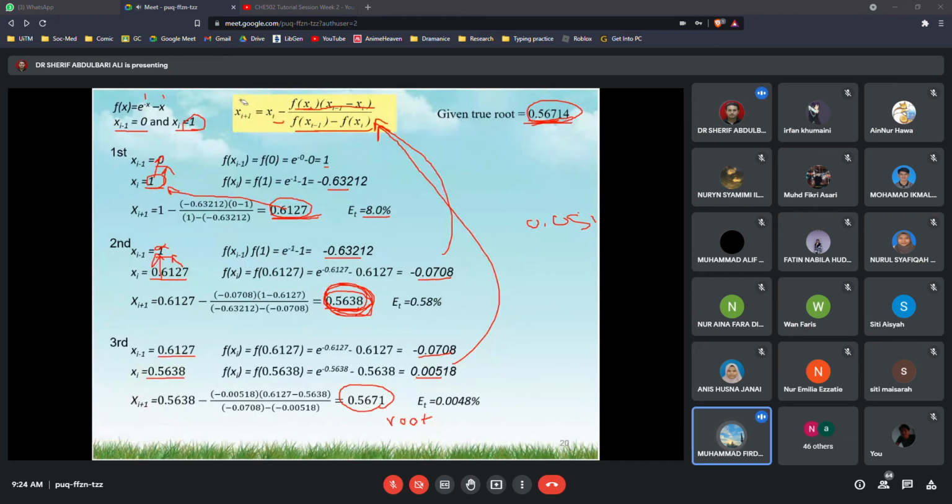So is it the reverse method of Newton's?